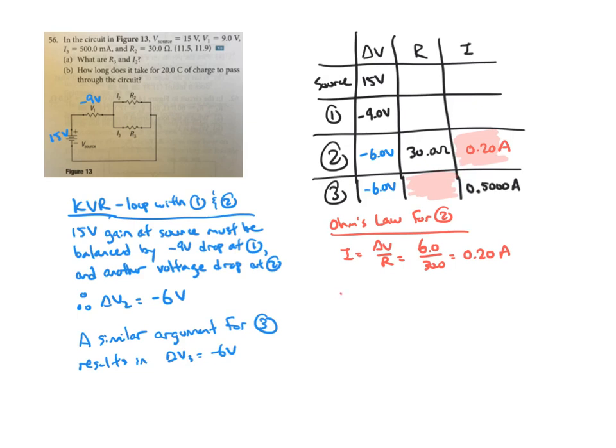And then I can do Ohm's law for load 3. Solving for resistance for that row. So that would be voltage divided by current. So 6 divided by 0.5 to 2 sig figs gives me 12.